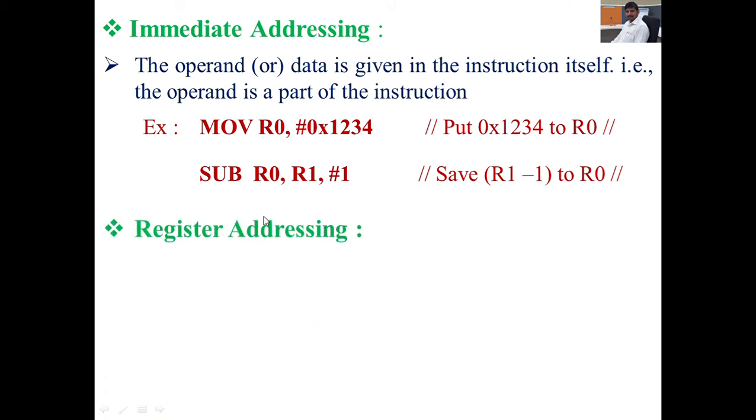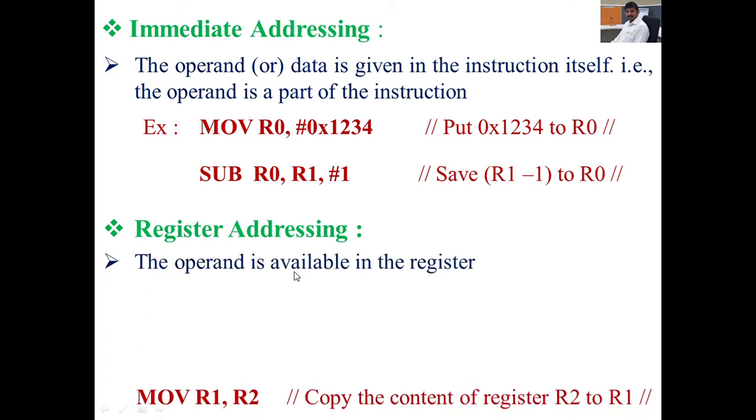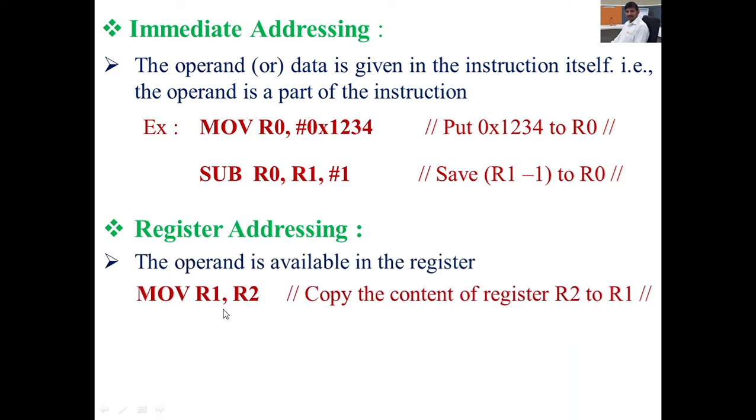Next, register addressing mode. Here the register is part of the instruction. Whatever register we are using, the register content is copied into another register. Means R2 register content is copied into the R1 register.